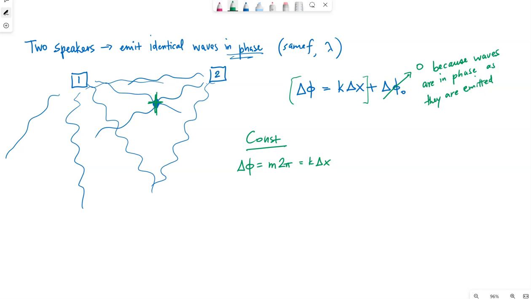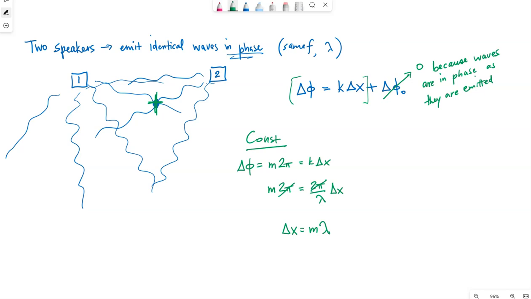If I set that equal to k delta x, where k is the wave number, which is 2 pi over wavelength, this tells me that delta x is a multiple of a wavelength.